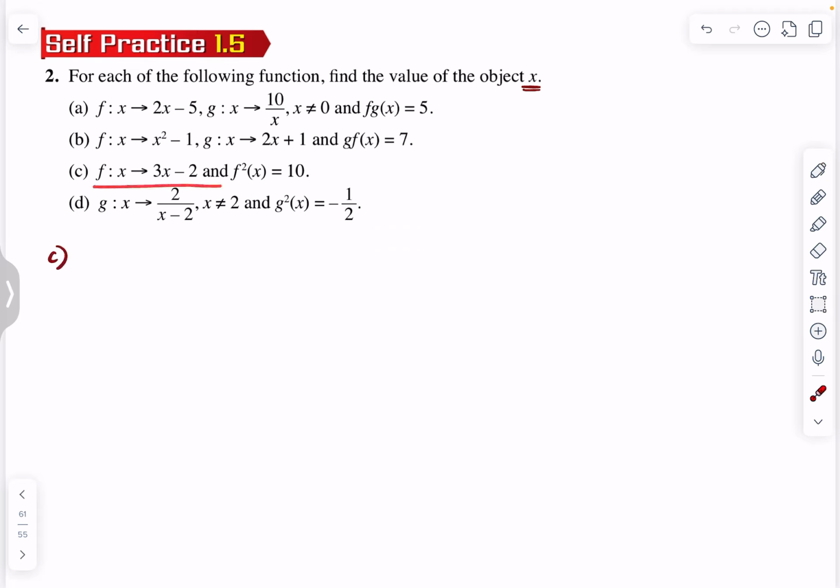f(x) is this, f squared of x is 10. Okay, so let's find what is f squared of x. f squared of x is the same as f(f(x)). So if f(x) is 3x minus 2, f(y) is 3y minus 2, f(f(x)) would be 3f(x) minus 2.